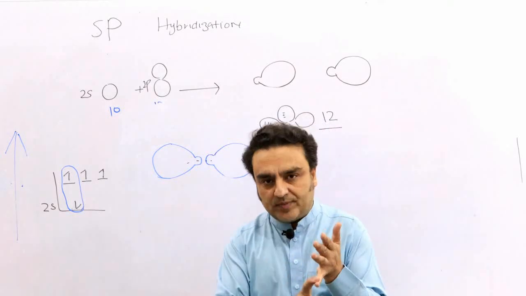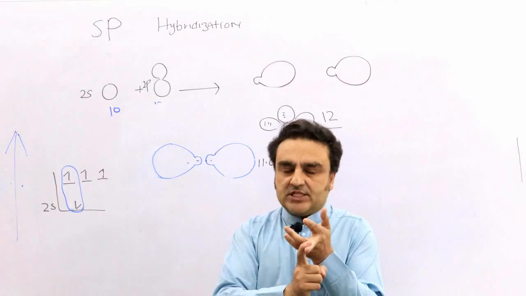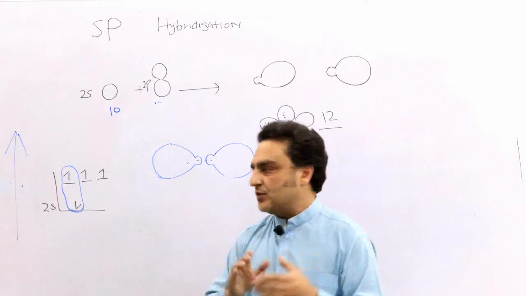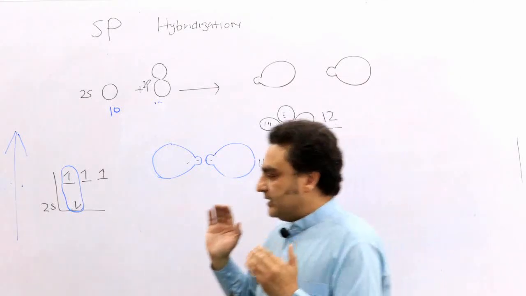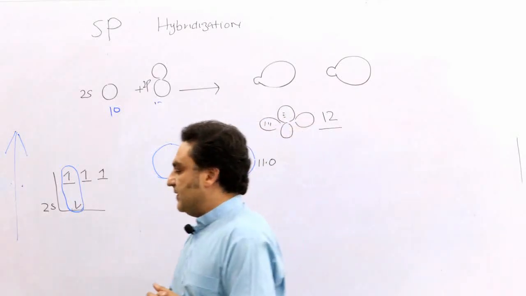So it just tells about the shape, lengths and angles between the atoms. Again, there might be some other molecule which has some experimental values.